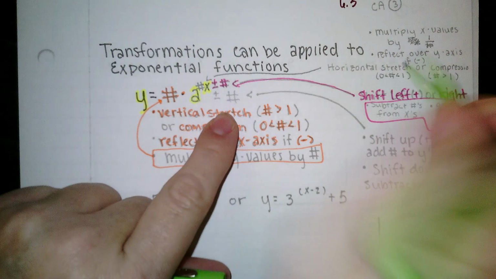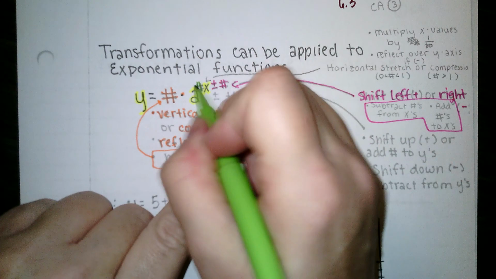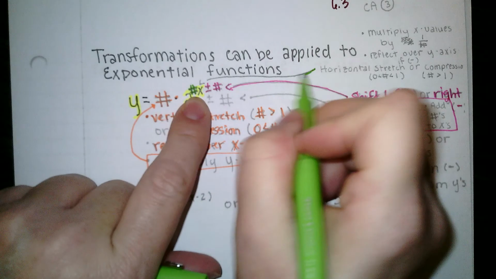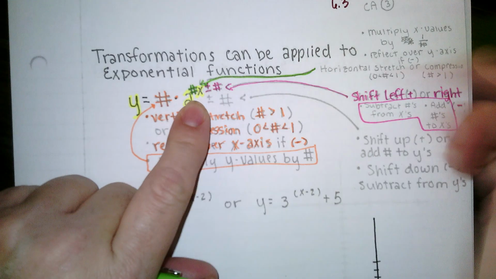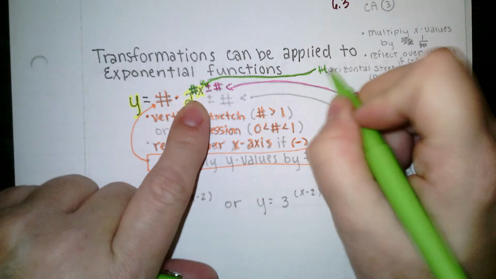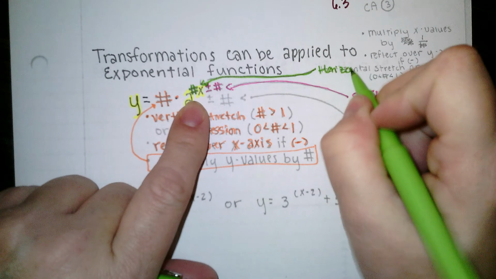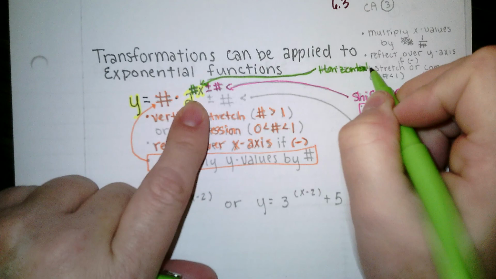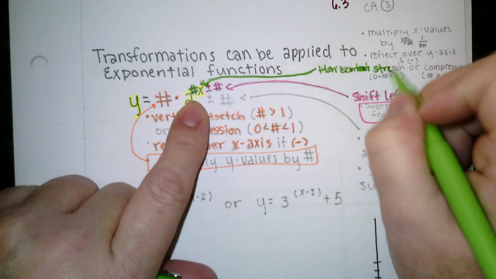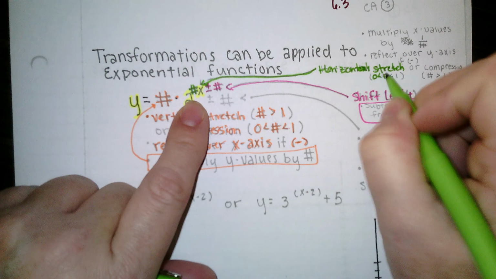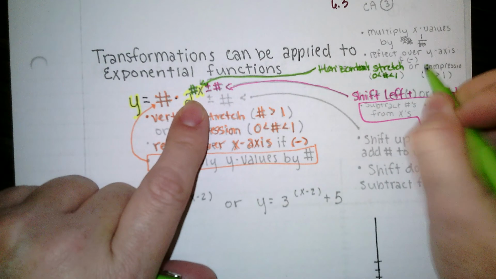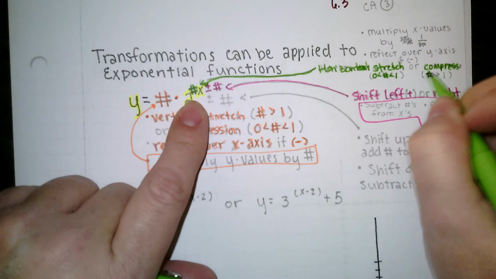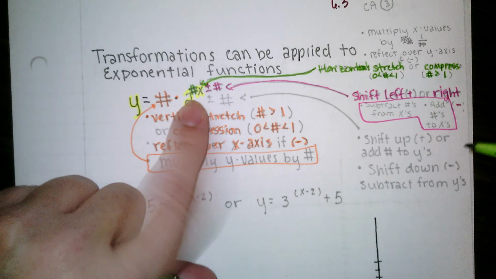If we have a number multiplied in the exponent with the x, these are horizontal stretches and compressions. So this is a horizontal stretch if that number is between 0 and 1, or compression if that number is bigger than 1.